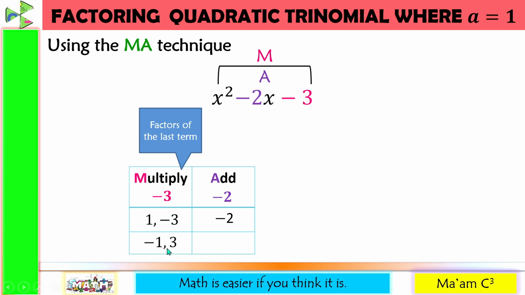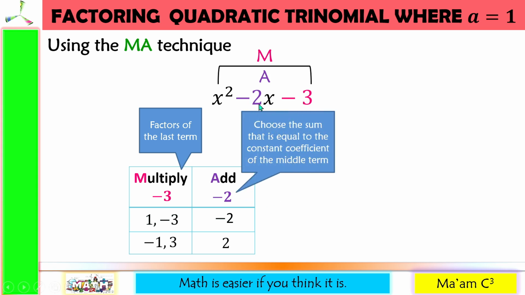Negative 1 plus 3 will give me positive 2. And then I simply have to choose the sum that is equal to the numerical coefficient of my middle term. So this is negative 2, so I'm going to choose this one. It means that the factors I'm going to use are 1 and negative 3.